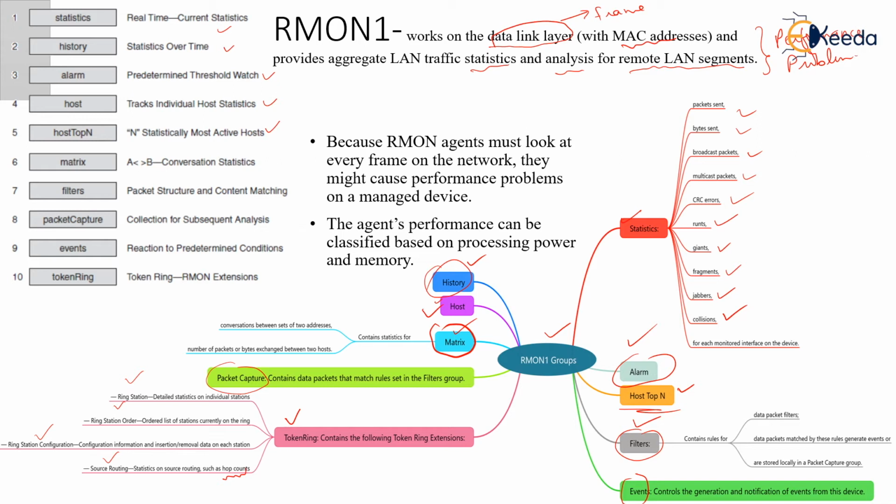Matrix, conversation statistics between A and B. Filters, packet structure and content matching. Packet capture, collection for subsequent analysis. Events, a reaction to predetermined conditions. And token ring, RMON extensions.